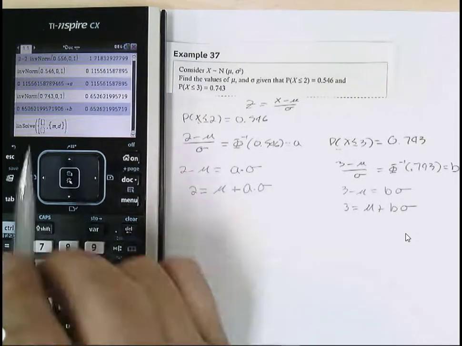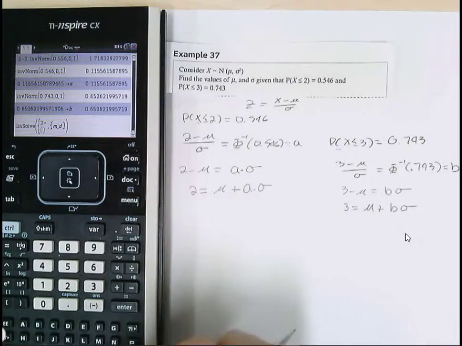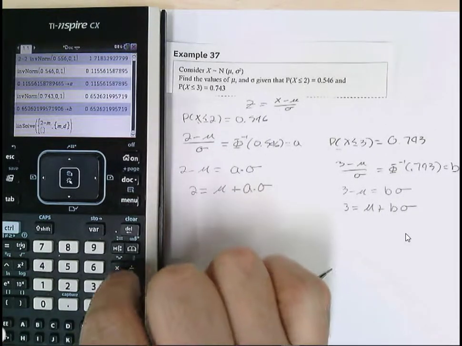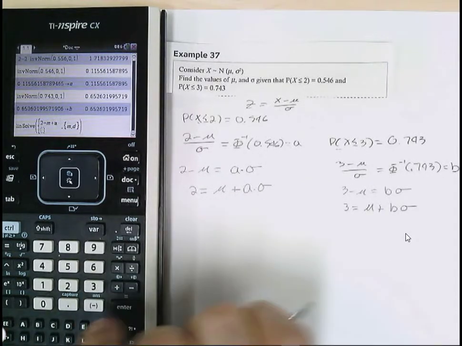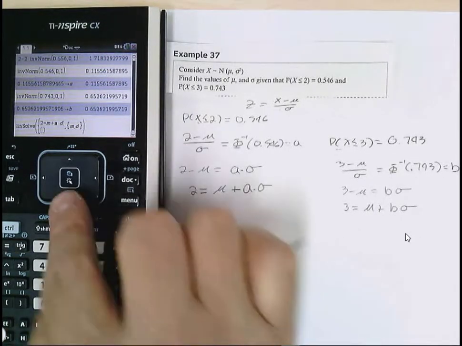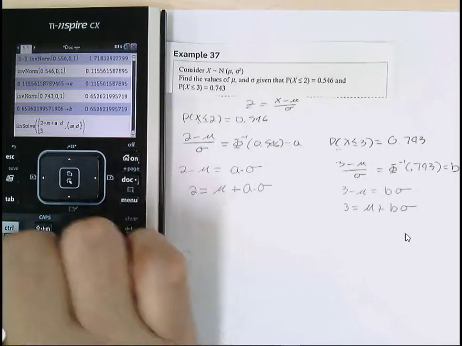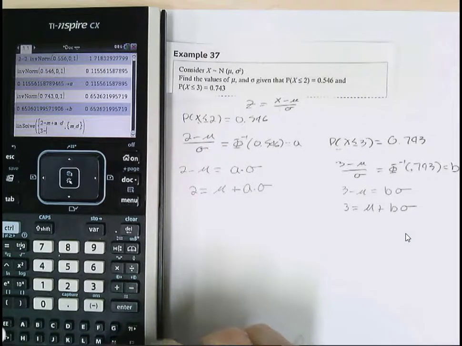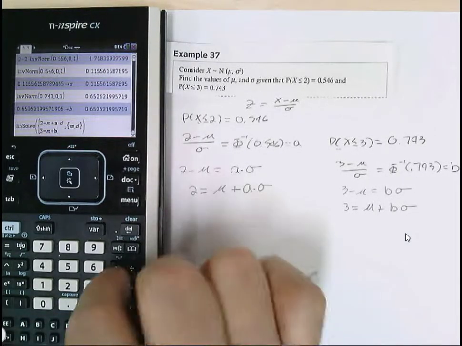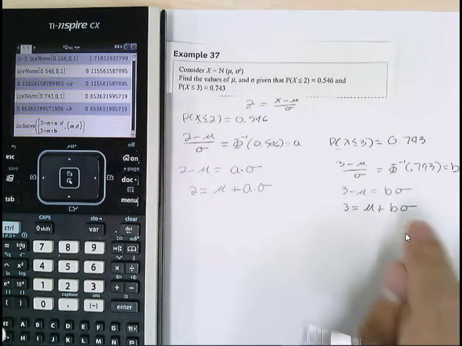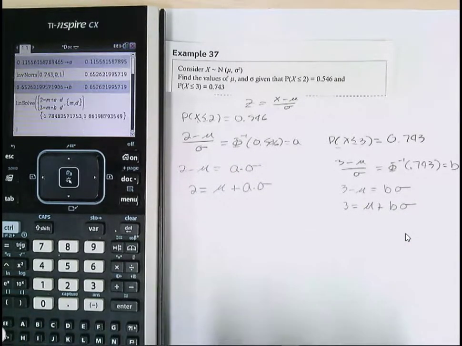Then I plug these into the calculator: 2 equals M plus A, which should have been stored, times my D, my standard deviation. That's my first equation. Then 3 equals my mean plus B, which I've stored, times my standard deviation D. And then I can solve this system.